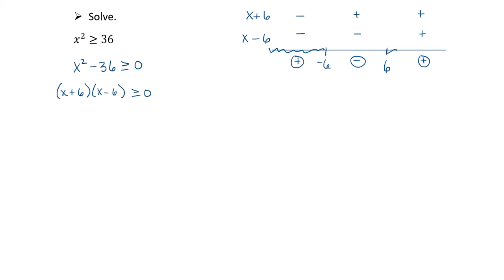I'm going to pick these two intervals because they tested positive. And I can include my boundary points because those boundary points are what makes this equal to 0. Okay, my solution set then is -infinity to -6 union 6 to +infinity.